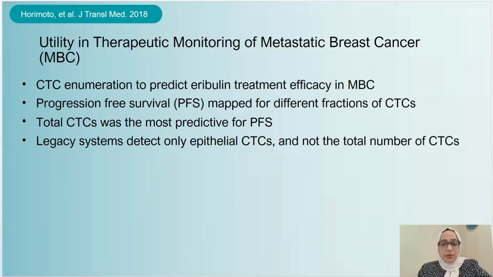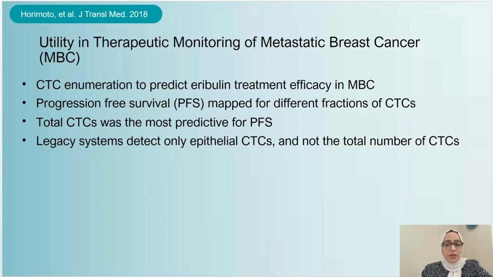In the following study, researchers investigated epithelial mesenchymal transition, or EMT, status in metastatic breast cancer patients who had received eribulin-based treatment, which reportedly suppresses EMT as a means of tumor suppression.